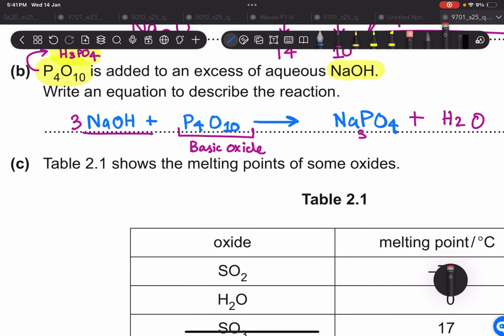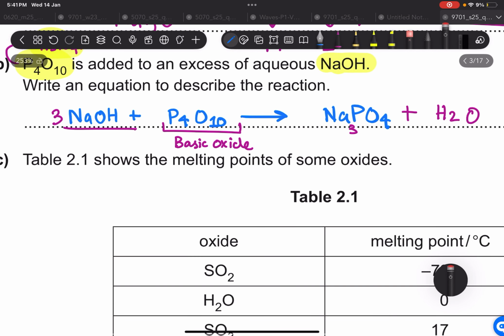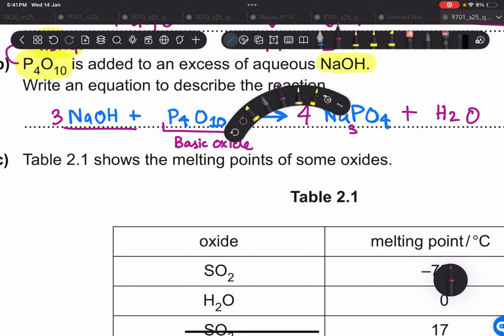This is going to be a hit and trial method. So I need 2 minutes to balance it out. We have 4 phosphorus here and 1 phosphorus here, so let me put a 4 here. I'm going to do it with a different color.